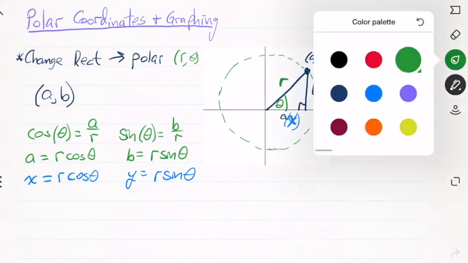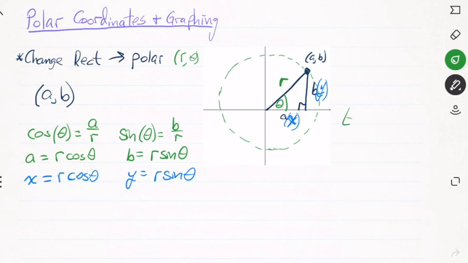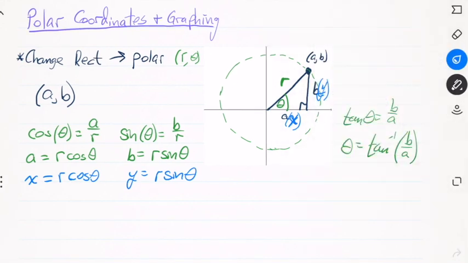So we would have the relationship of tangent of theta is equal to b over a. And therefore, theta is equal to tan inverse of b over a. Now that gets a little bit tricky because tan inverse only works in quadrant 1 and quadrant 4.